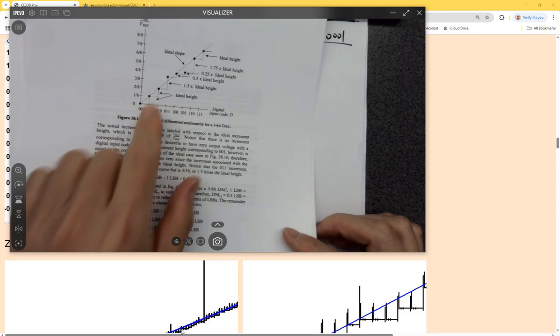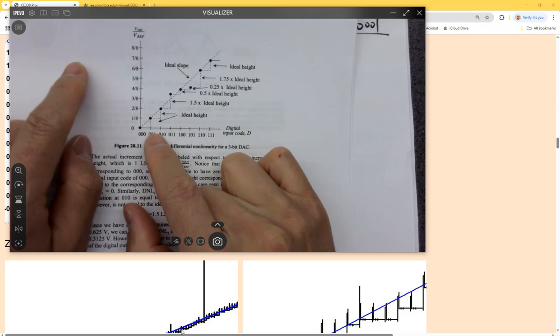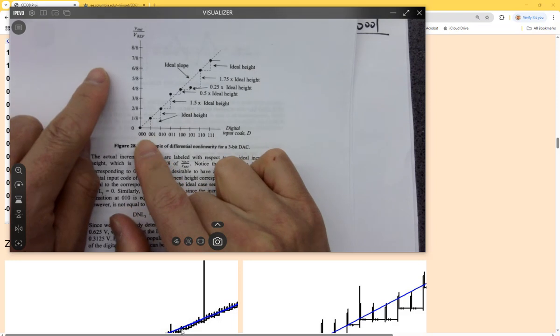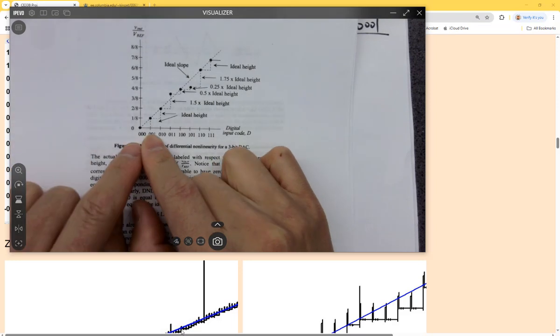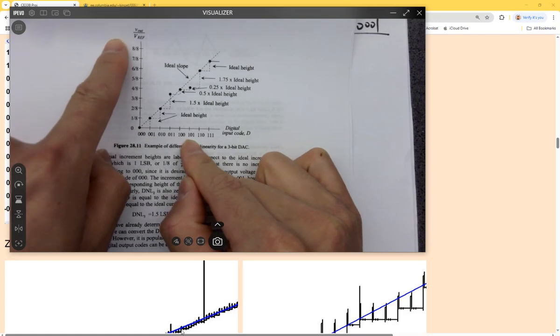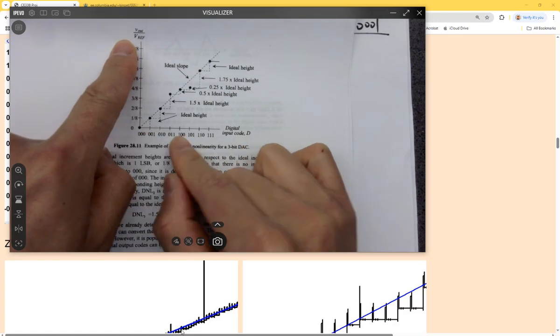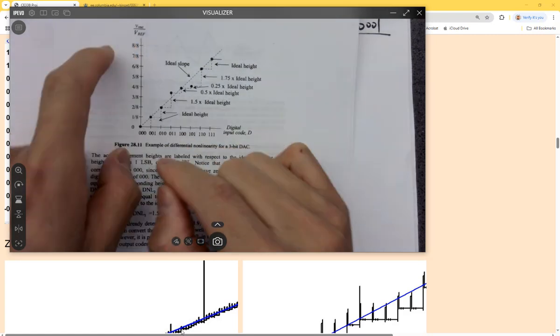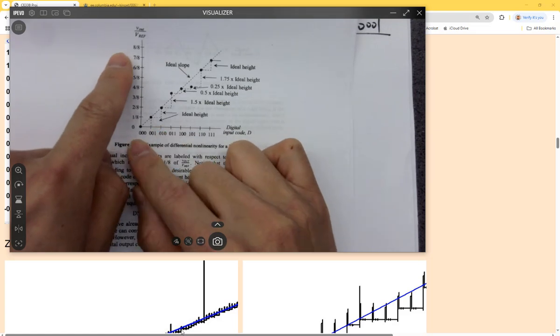But when you are looking at the voltage input and output of the curve, no matter if it's a DNL or DACs or ADCs, both the x and y axes are voltages. Both are voltages.